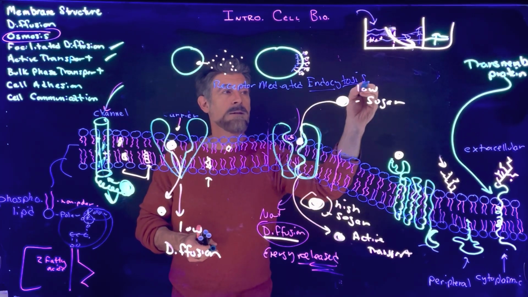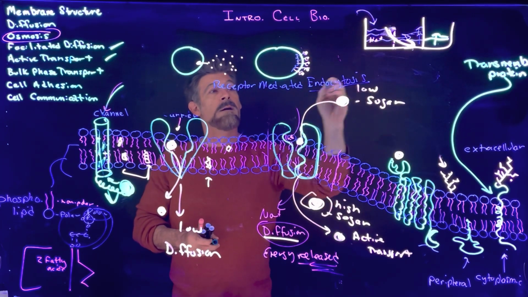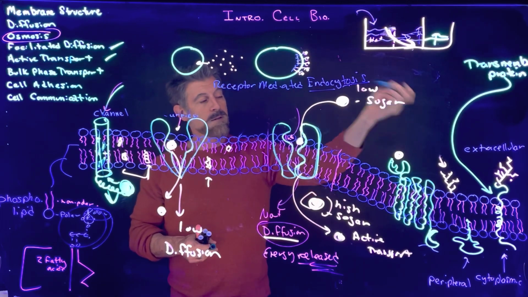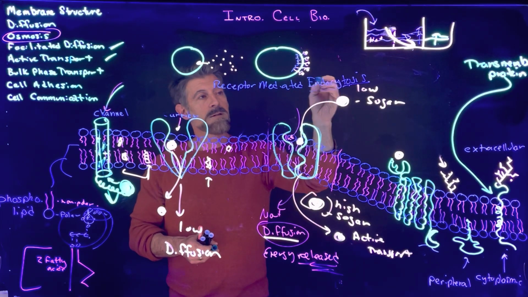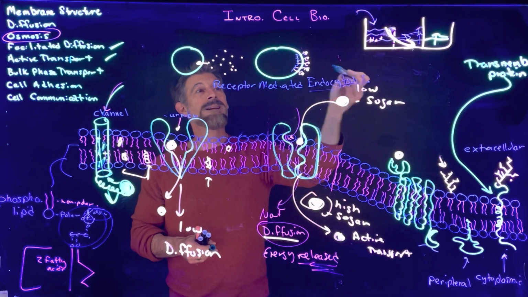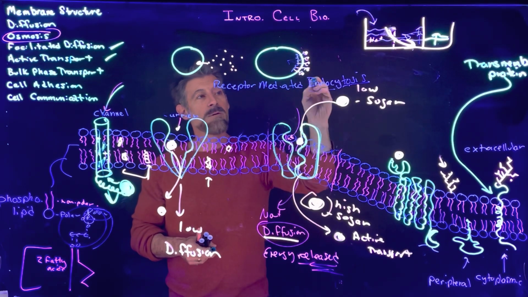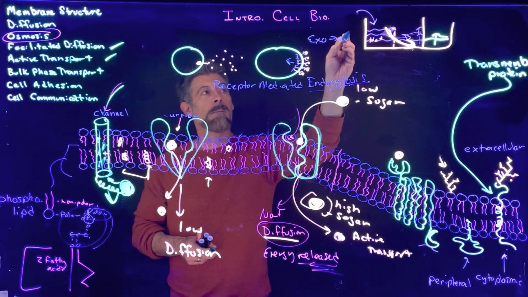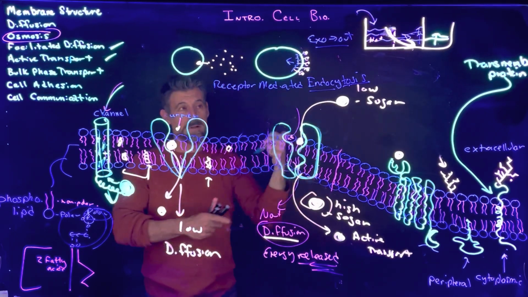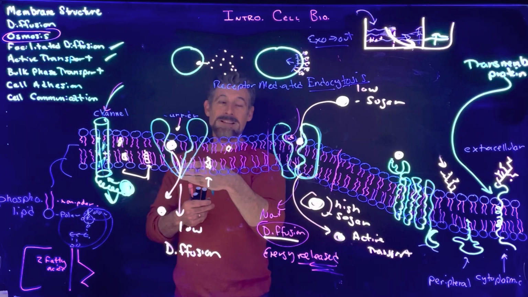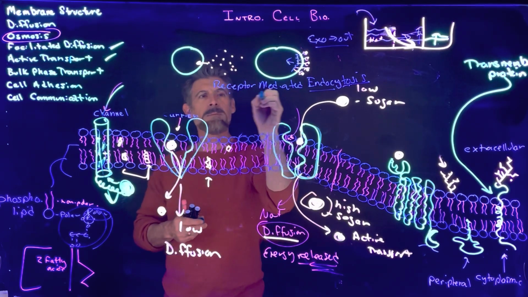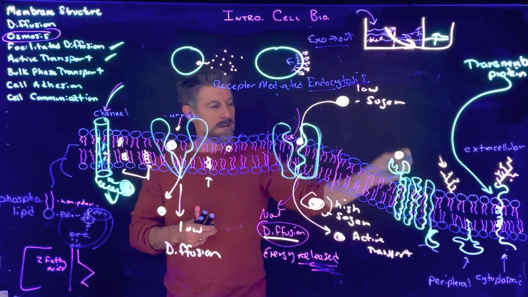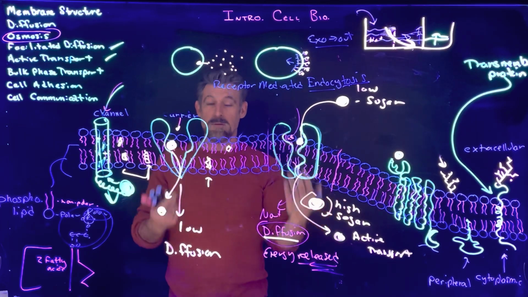Cyto is for cell, cytosis is movement across the cell. Endocytosis is movement into the cell, versus exocytosis, which is movement of things out of the cell. So we're bringing things into the cell. It's receptor mediated because there's a protein receptor that's controlling the process.